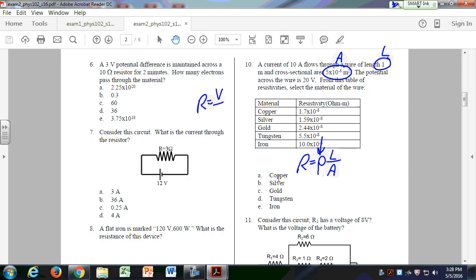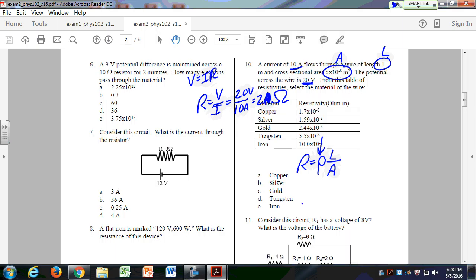From Ohm's law, R is V over I. Remember, this is V equals IR, which is on your equation sheet. So that's going to be V, which is 20 volts right here, divided by 10 amps. So that's 2 ohms is my resistance.